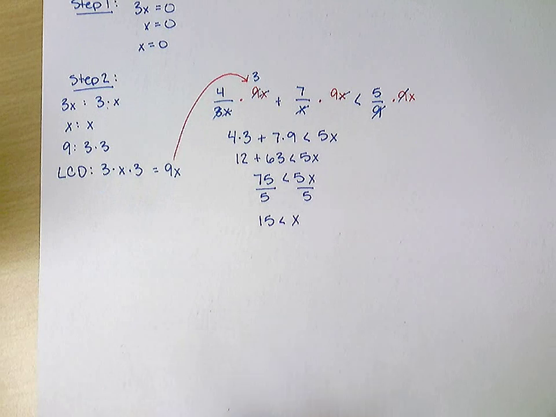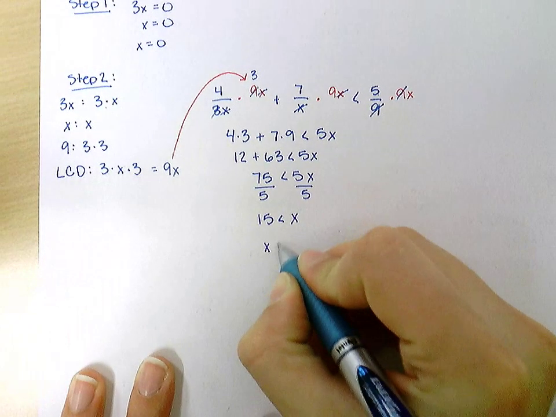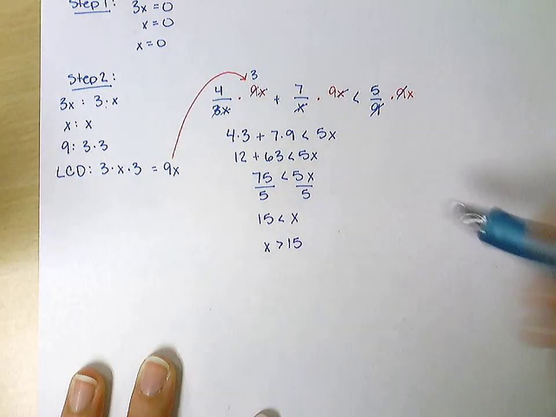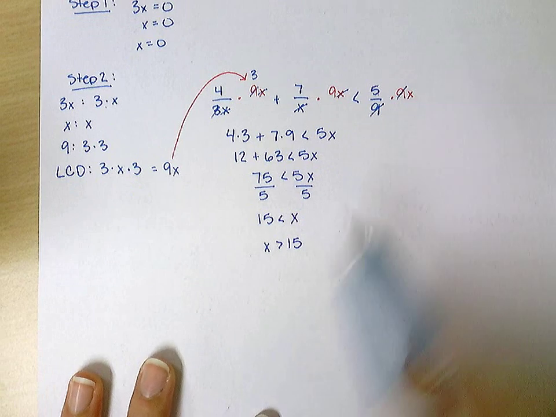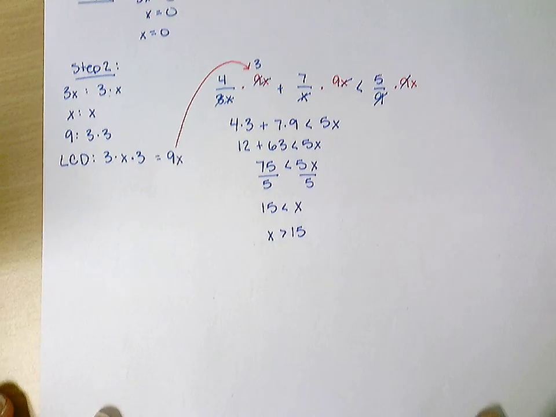Okay, so right now I have 15 is less than x. I'm going to flip that so that it reads x is greater than 15. Okay, so I just read it backwards. So x greater than 15, just so it's easier to look at.